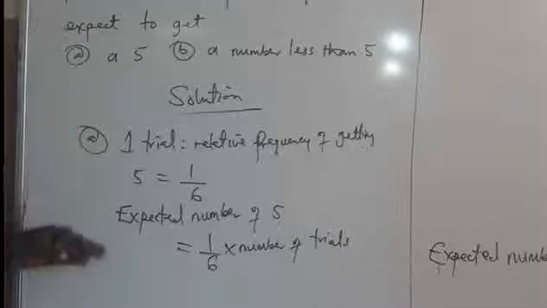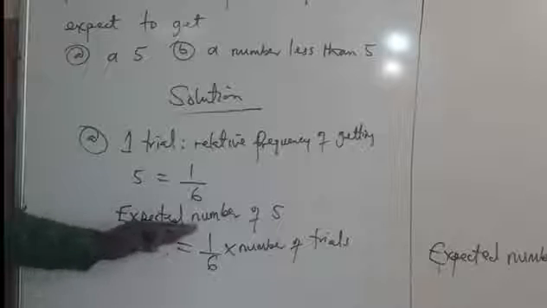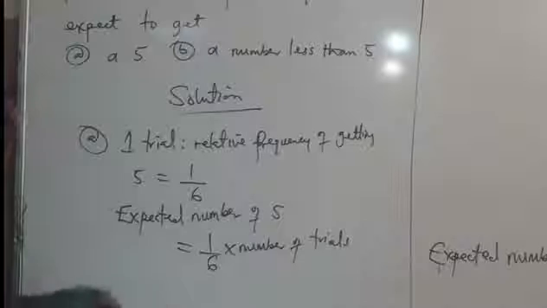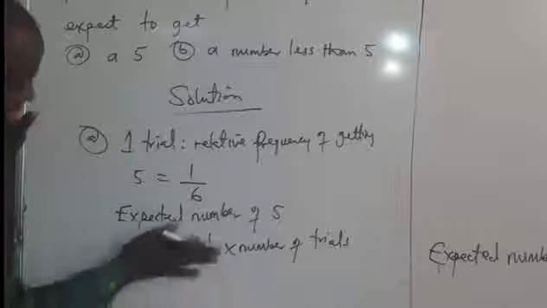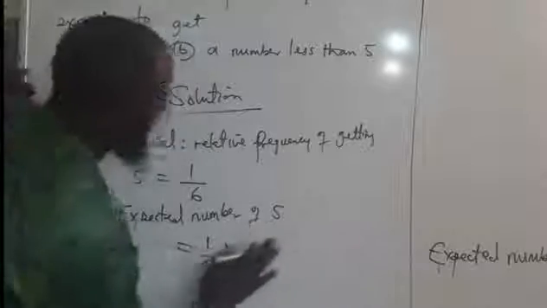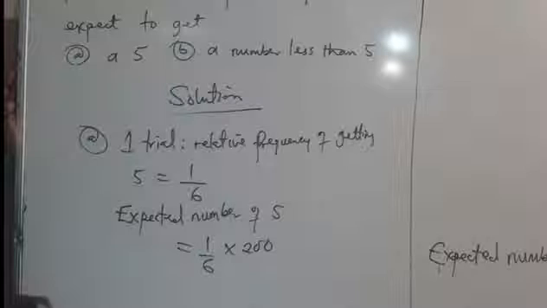Hope that is clear, because the expected number of outcomes is the relative frequency multiplied by the number of trials. So we have the relative frequency 1/6 multiplied by 200 trials. Are you with me?